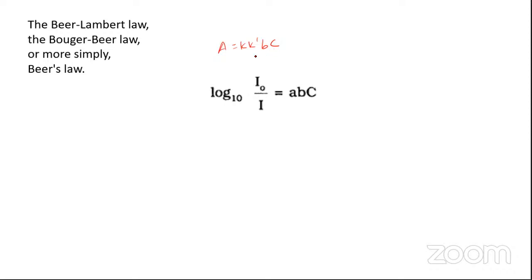Fine. So can I not come to this relation now that capital A is equal to small a, which is a combination of proportionality constants, small b times capital C? Can I come to this relation now? Yes, sir.